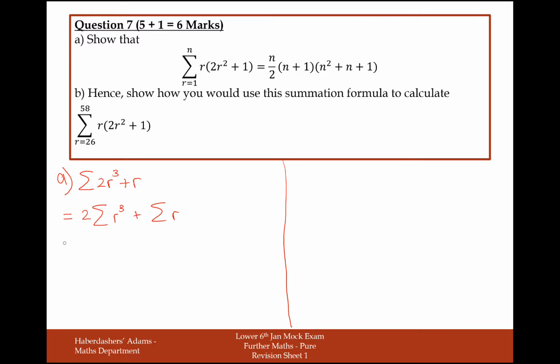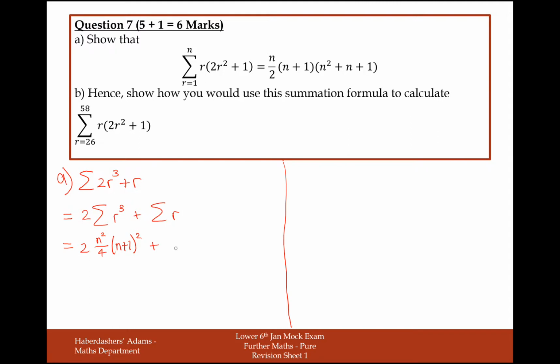Now here's where I need to recall those memorized formulas for r cubed and for the sum of r. And the formulas are, for the sum of r cubed, n squared over 4 times n plus 1 squared. Notice how I still have to times at the front by 2.